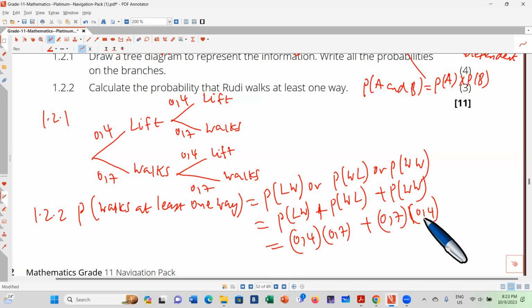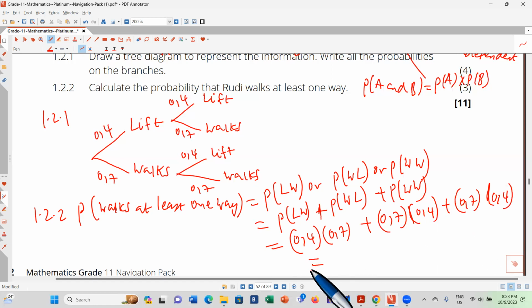So you have exactly that. The probability of walking is 0.7 times the probability of the lift, which is 0.4.